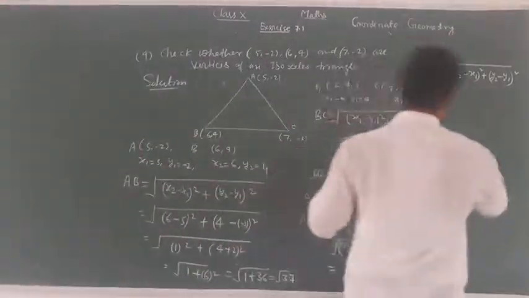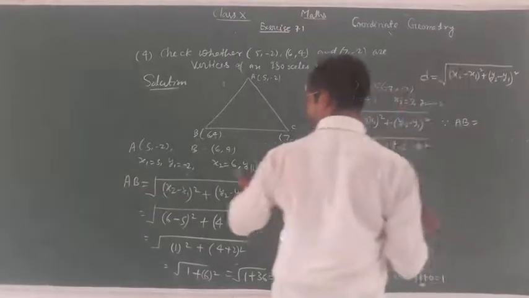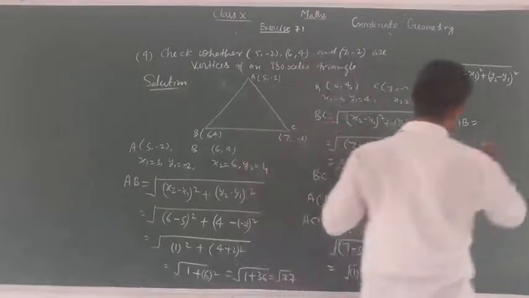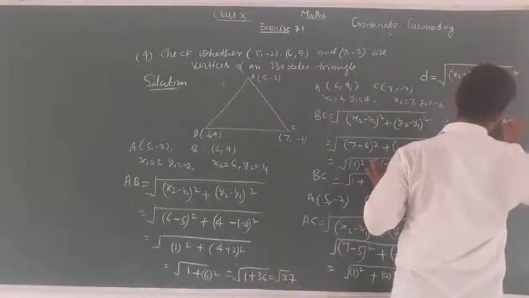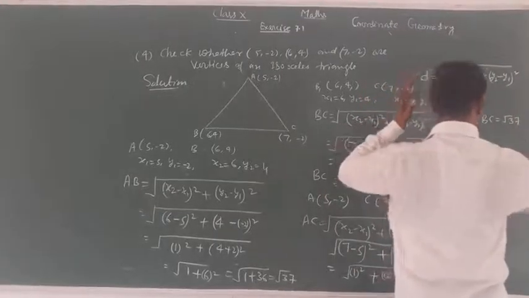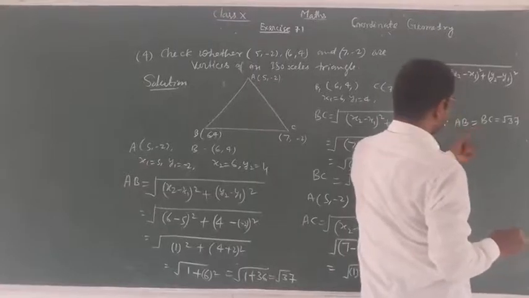So, since the distance of AB is equal to the distance of BC, which is root 37, these two sides are equal.